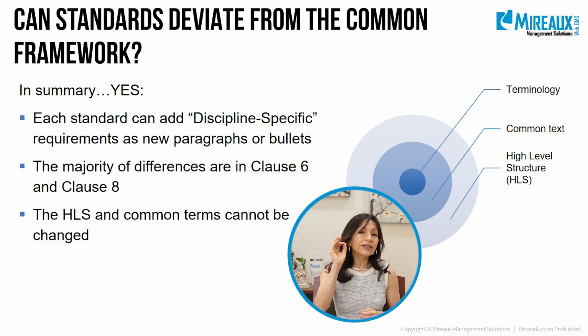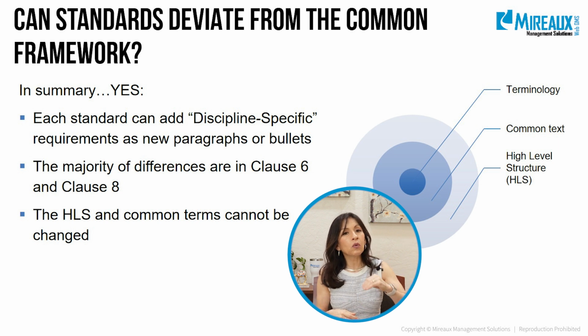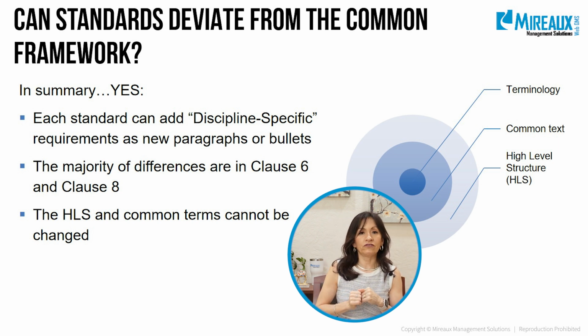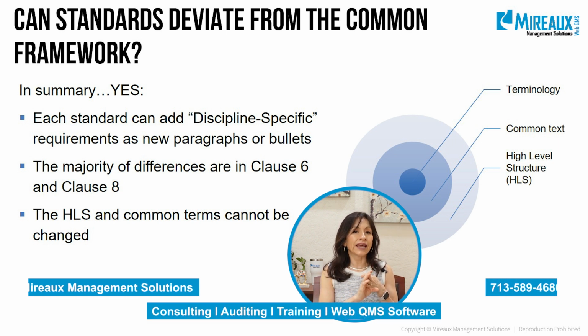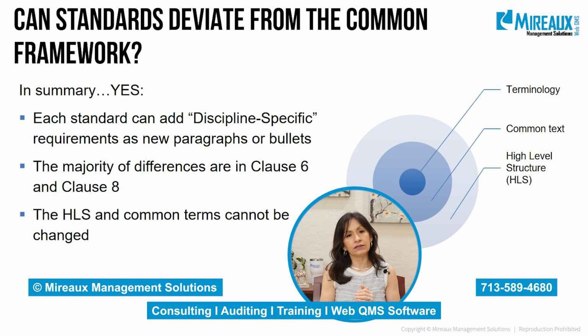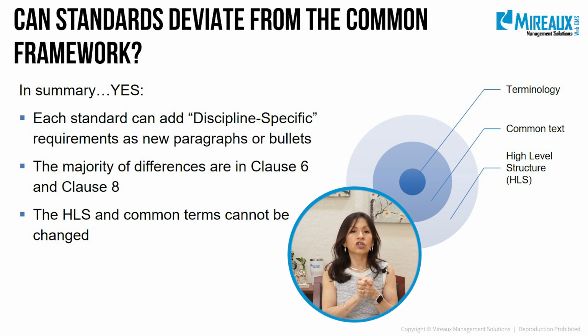The individual technical committees responsible for each standard still add these discipline-specific requirements into the common framework, primarily in clauses 6, 7, and 8, sometimes 9 and 10. So you get the best of both worlds: a common foundation and tailoring specific to each discipline.